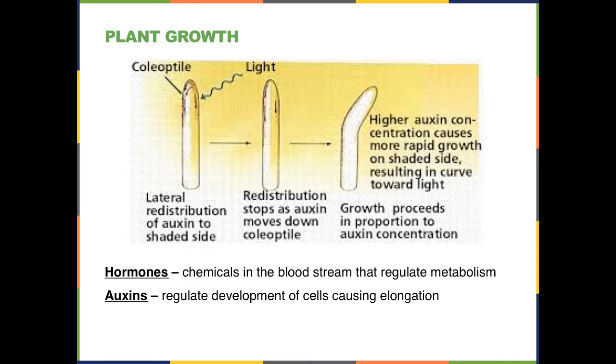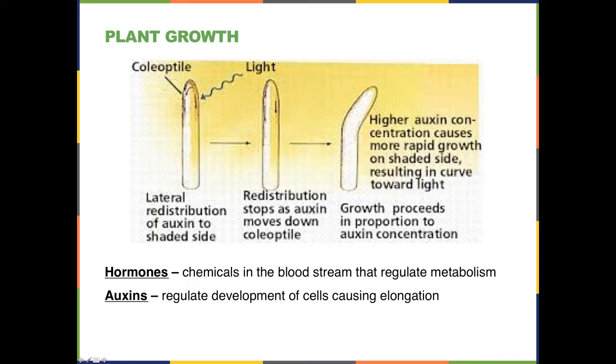The first of the plant hormones is called an auxin, and this picture shows that when light strikes one side of the plant, it causes auxin to move to the other side of the plant. The auxin on the other side of the plant increases.